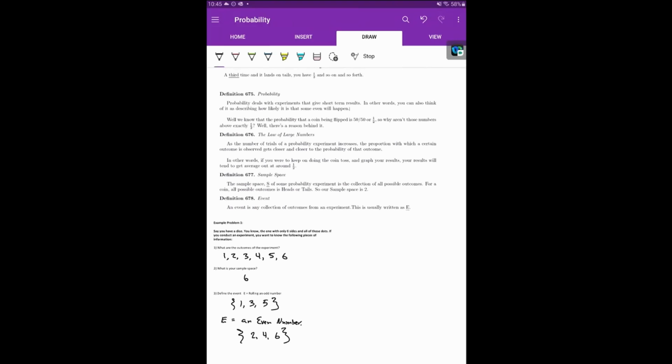Sample space is all of the possible outcomes in your experiment, and an event is the collection of outcomes from a certain experiment. So the sample space is all the possibilities on a dice, and the event is just a subset of the sample space. It could be even numbers, odd numbers, prime numbers, numbers divisible by 2 or by 4, something like that.